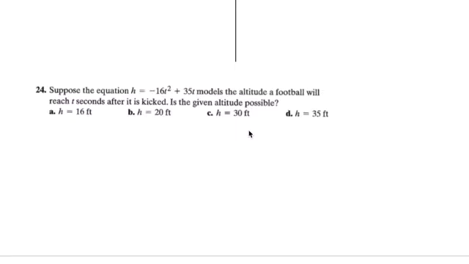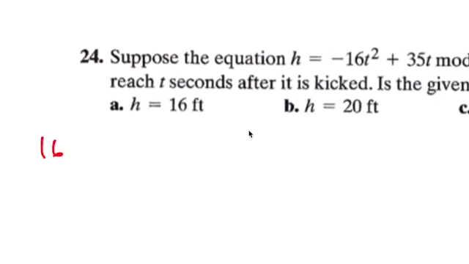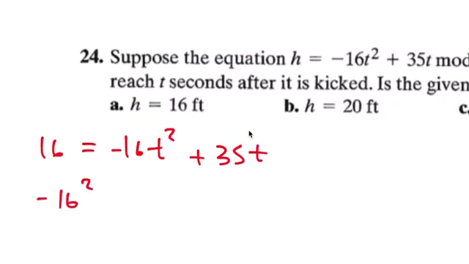And then this one: will it reach, is the altitude possible? So 16 equals negative 16t squared plus 35t. So this is negative 16t squared plus 35t minus 16 equals 0.